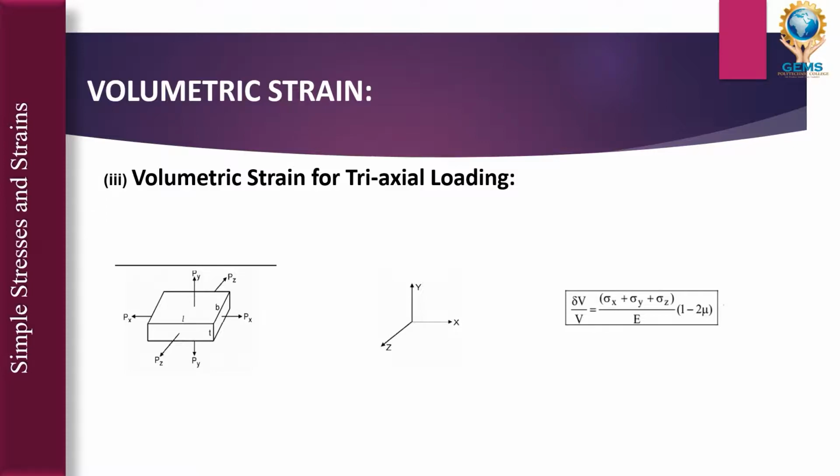Now we are going to see volumetric strain for triaxial loading. That means the strain will act in three directions: first x direction, second y direction, and third z direction or z plane. So the strain will act in all three planes, x plane, y plane and z plane.